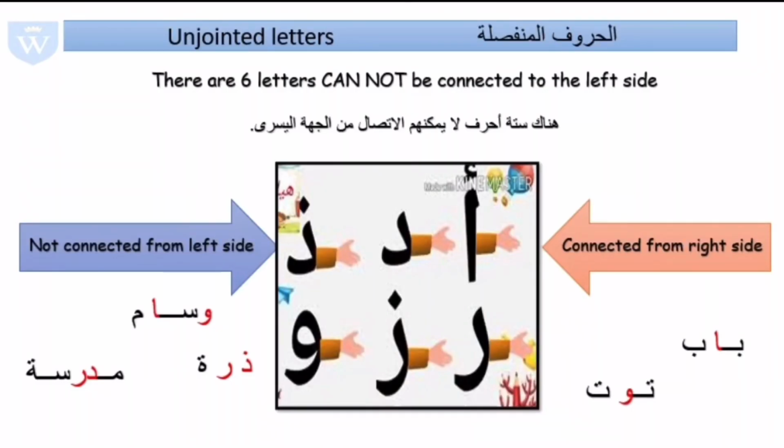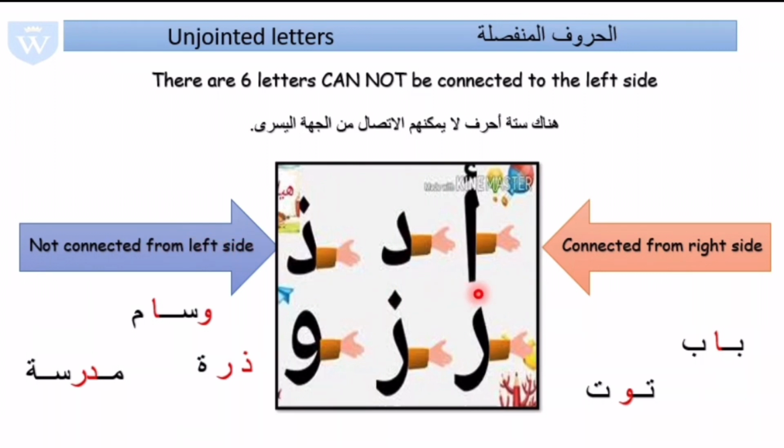Unjointed letters, or unconnected letters. In Arabic, it's called الحروف المنفصلة. There are six letters that cannot be connected to the left side. If you look at the picture here, you will find that these letters can be connected from the right side, but not from the left side.